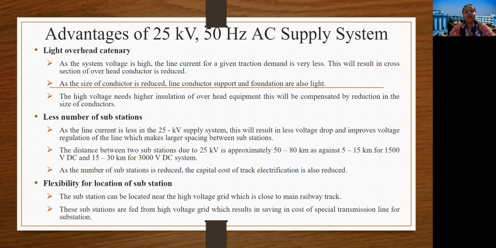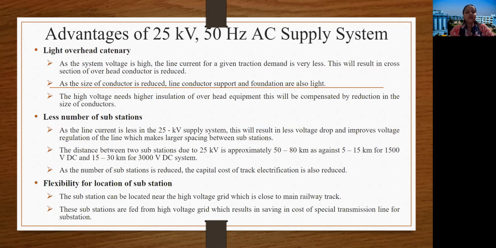But in 25 kilovolt supply system, we can have our substation within 50 to 80 kilometer range. As the number of substations is reduced, the capital cost of electrification is also reduced.